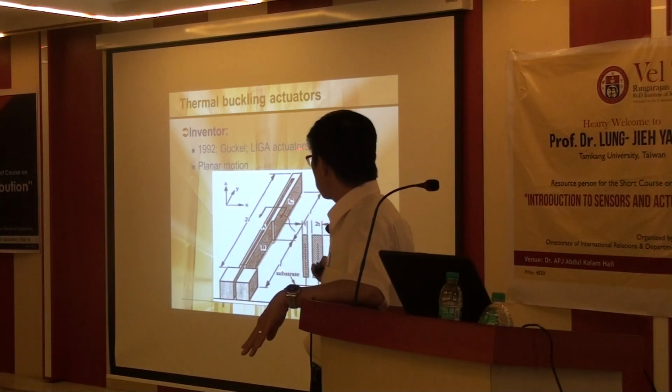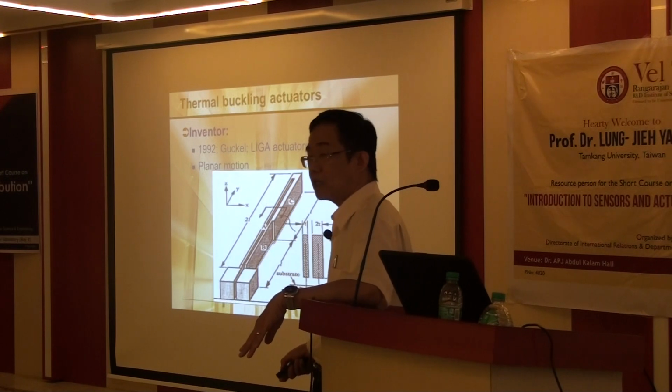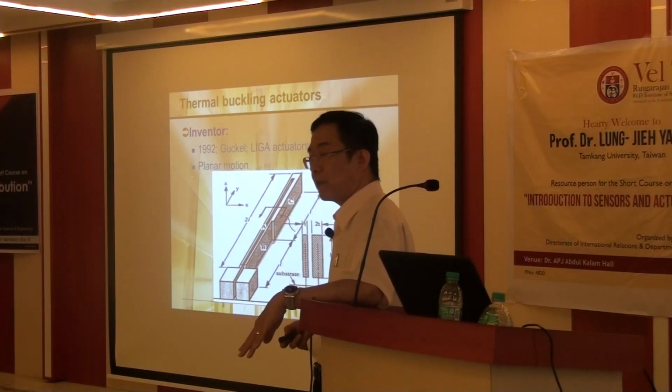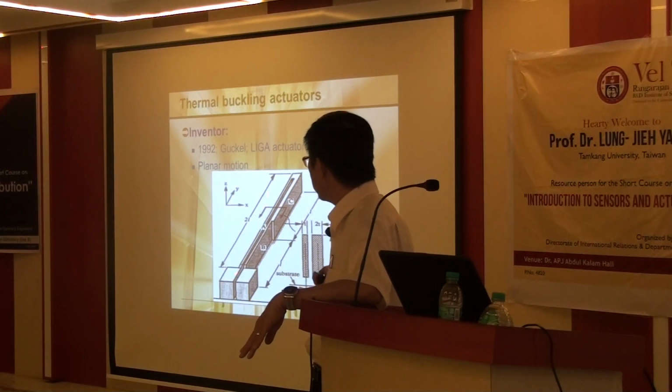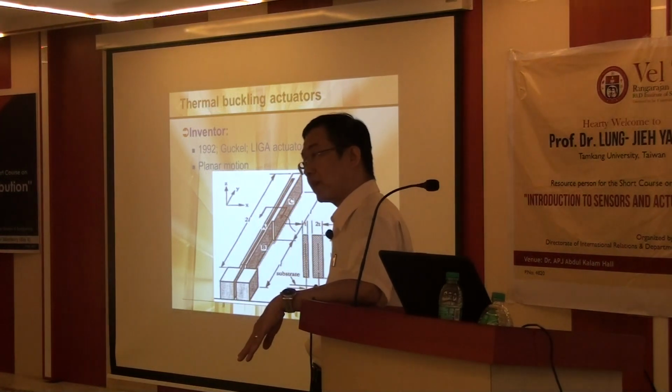So for the overall case, you see that this larger resistor will dissipate more electrical power on heating. So heating, more power on the left hand side, less power on the right hand side.